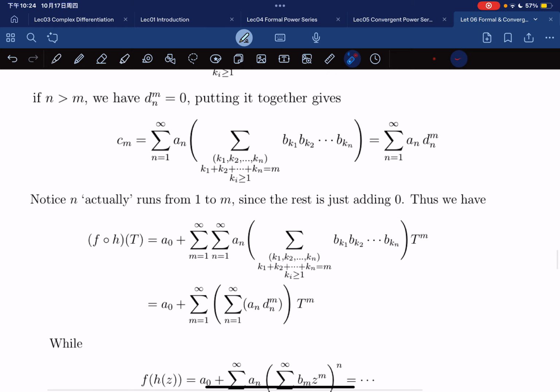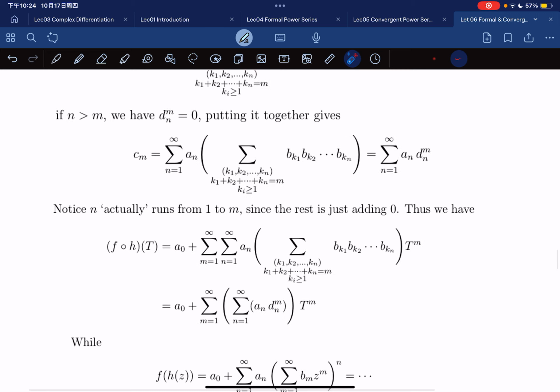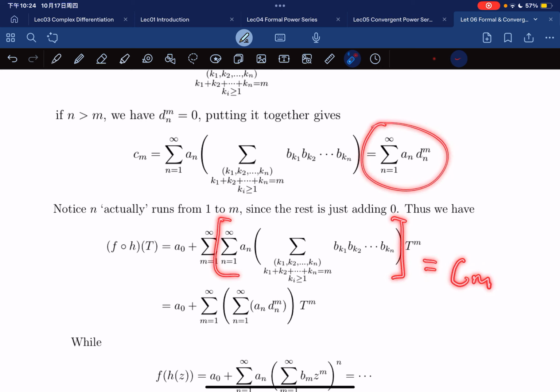Thus we have f of h of t is just equal to a0 plus the sum of Cm, this whole thing here is just equal to Cm, exactly what I said here.